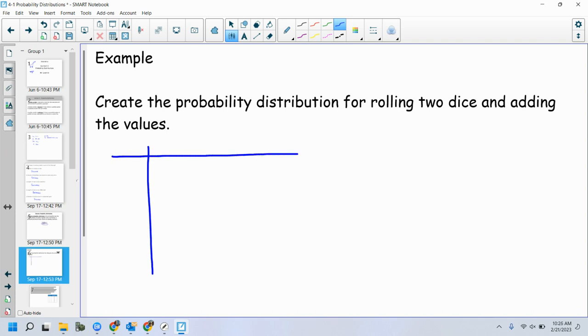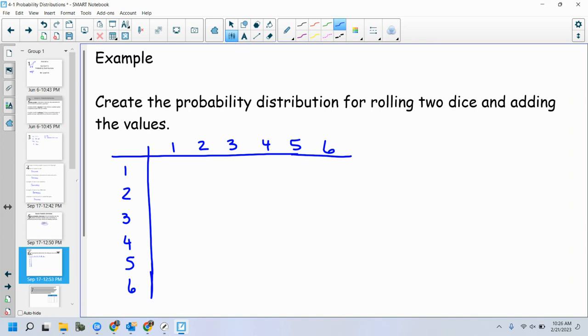So the possibilities for rolling the first die are 1, 2, 3, 4, 5, or 6, and 1, 2, 3, 4, 5, or 6 for the second die. You roll 2 ones.